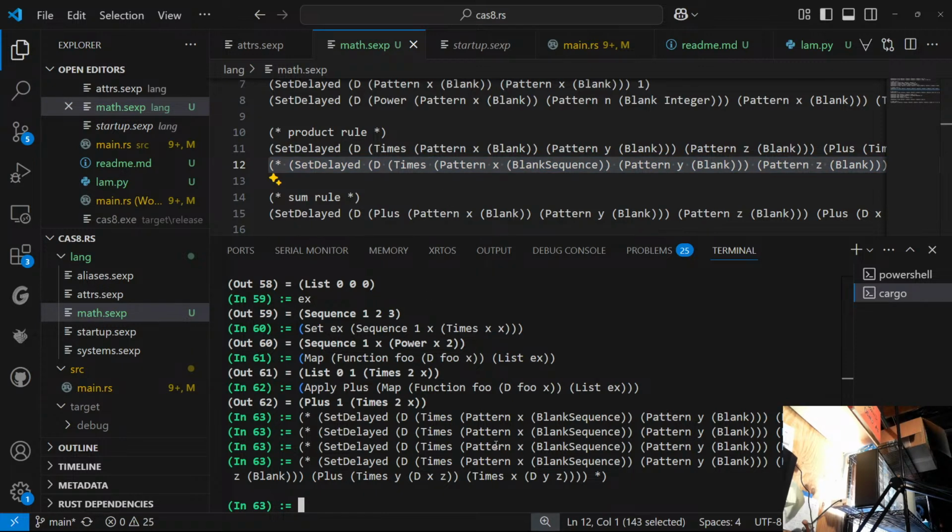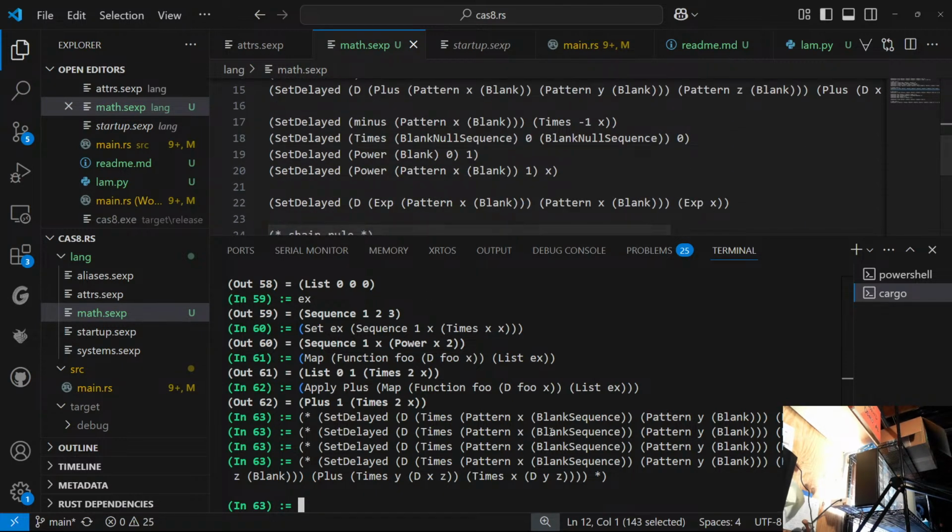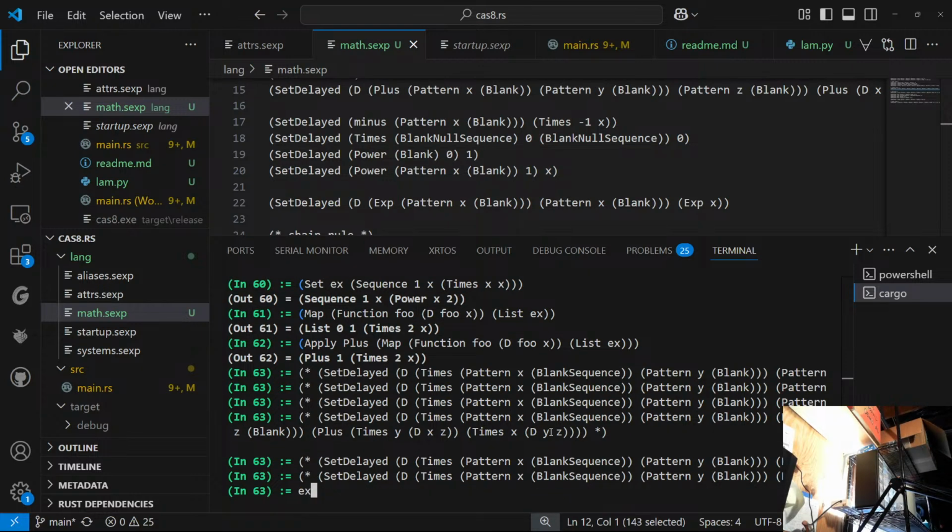Okay, so I think we have our thing though, right? Where's our blank sequence? So it's going to be this. Set delay D plus pattern X is pattern Z. Map function X dxz.